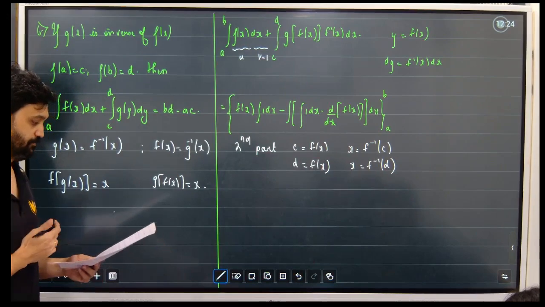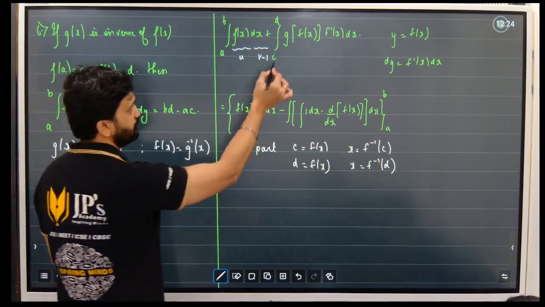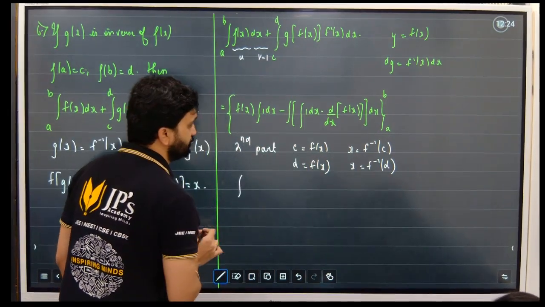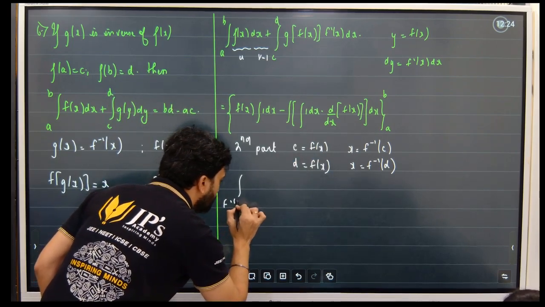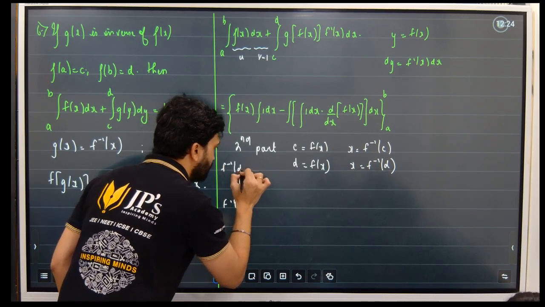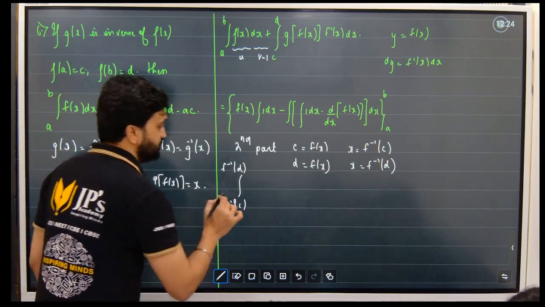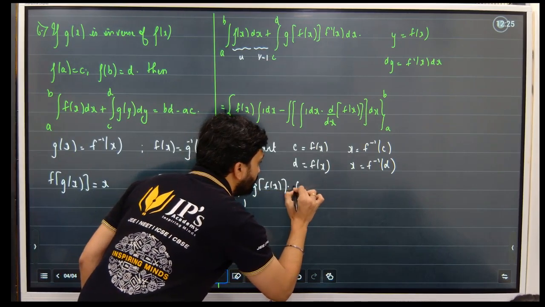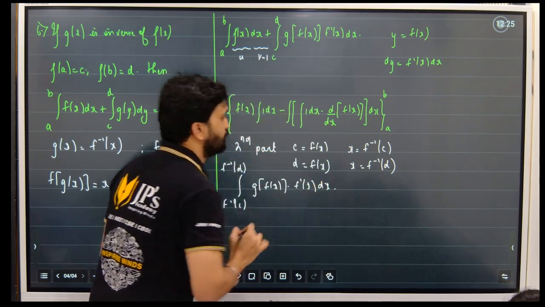Now if I solve this here, see what the second part will become: integration from f inverse c to f inverse d of g of f of x into f dash x dx.